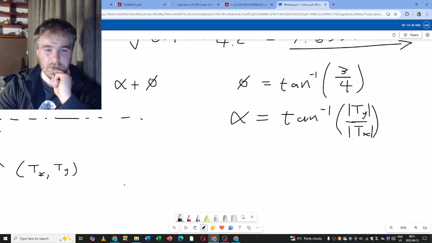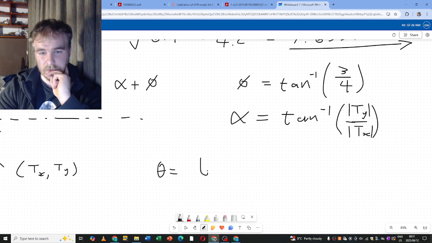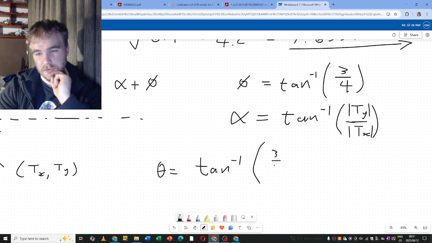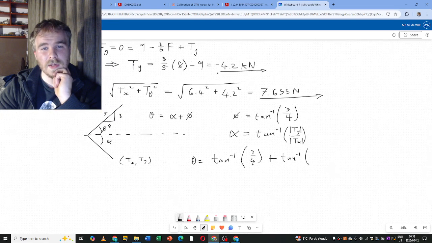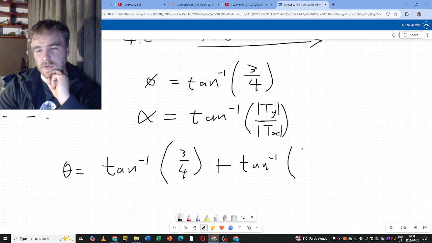Great. So then theta can be equal to arctan of 3 over 4 plus arctan of Ty. What's the magnitude? That's 4.2. 4.2, and if I remember correctly, the Tx is 6.4.